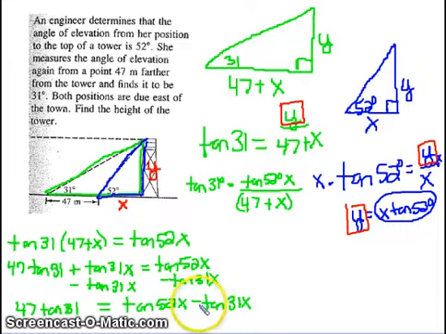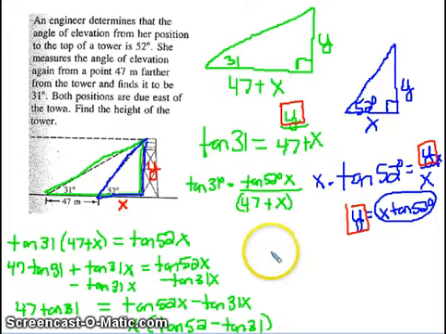I've got to get x by itself, so it's kind of like the reverse distributive property. If you remember, the reverse distributive property is to factor, and so we are going to factor out an x so that we have x times the tangent of 52 minus the tangent of 31, and divide both sides by the tangent of 52 minus the tangent of 31.